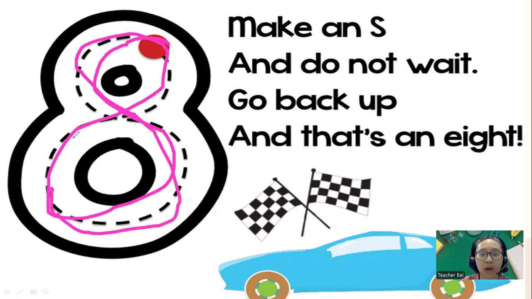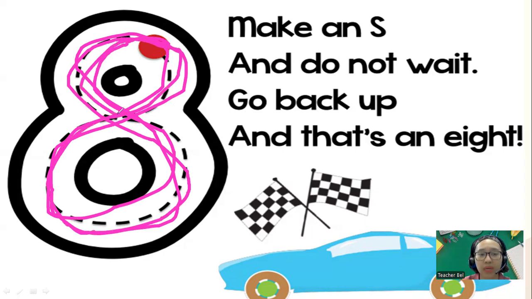You go back up and that's an 8. You make an S and do not wait. Go back up, that's an 8. So we have our number 8. Let's erase this one.